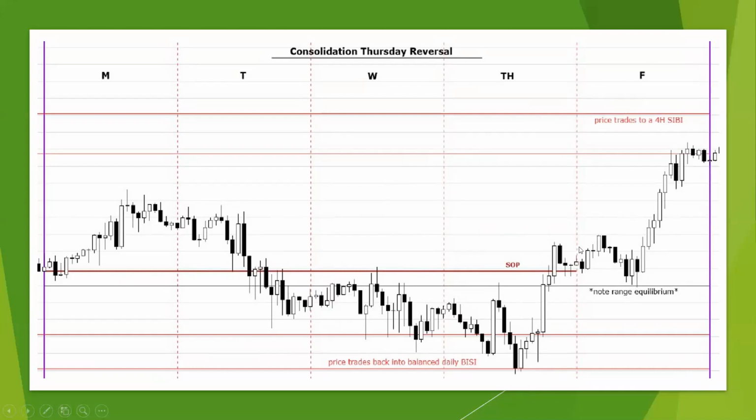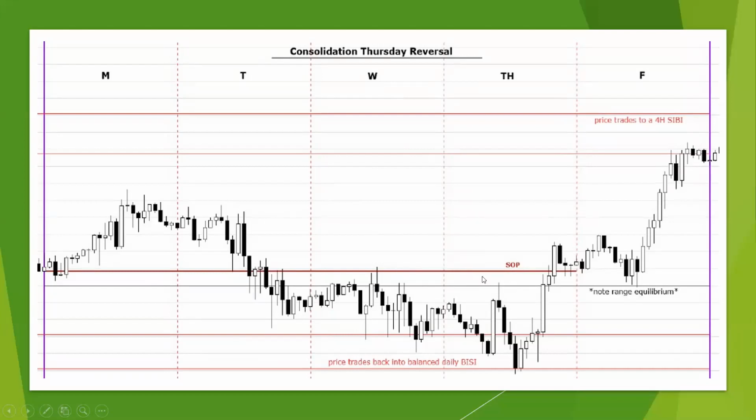But another thing you can use to add to your technique is, remember, look at our range. We have a high, we have a low, we have a breaking structure to the upside, right? Yes, we have a breaker here, but our range equilibrium is all price needs to get back down to in order to be at a discount, right?